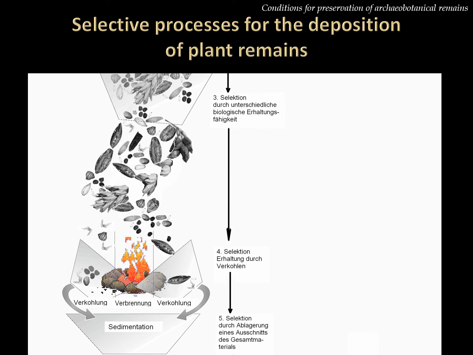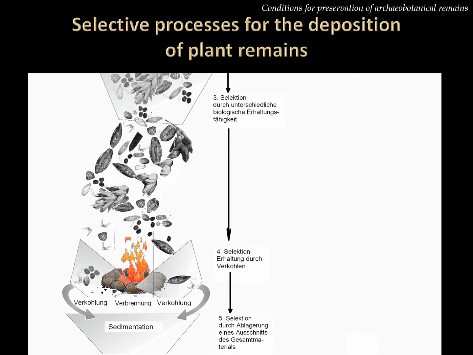We already talked about biological differences of plant organs that lead to different preservability. The more fragile a plant tissue is, and the lower the lignin component is, the smaller the chance is that the plant part will survive before it becomes carbonized. But also with exposure to fire, chances of preservation differ, because the plant organs should neither be too close nor too far from the fire source.